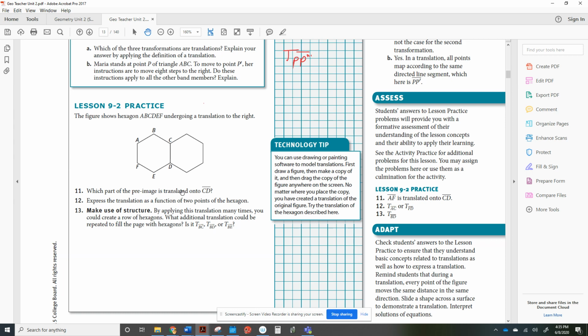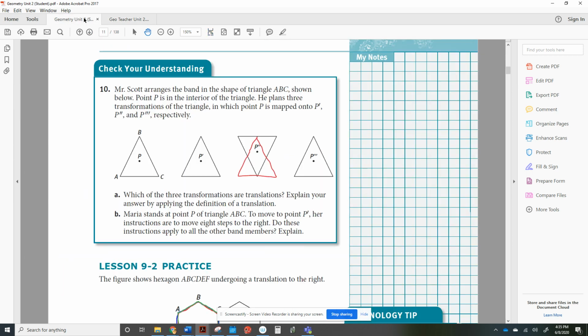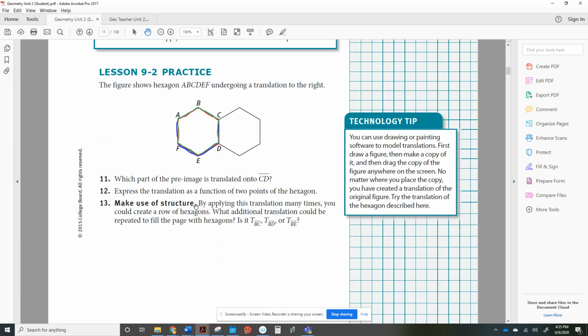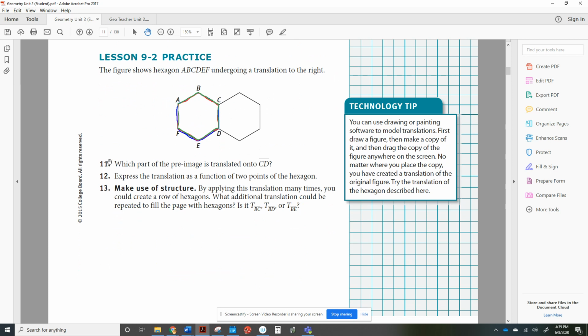This one wants to know which part of the pre-image is translated. I think I've got it down here. It says which part of the pre-image is translated onto CD. Okay, so the pre-image is A, B, C, D, E, F. And if I translate it over to where I'm on top of this one, then you can see that what just moved right here was the segment AF.